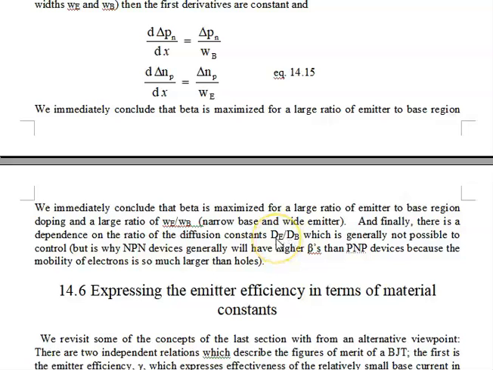If it's a PNP, the diffusion coefficient in the emitter will be of holes, which are thrust, which are emitted. The diffusion coefficient in the emitter will be electrons, which come from the base. The diffusion coefficient in the base will be holes, which come from the emitter.